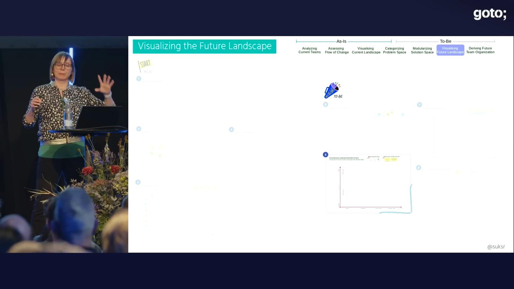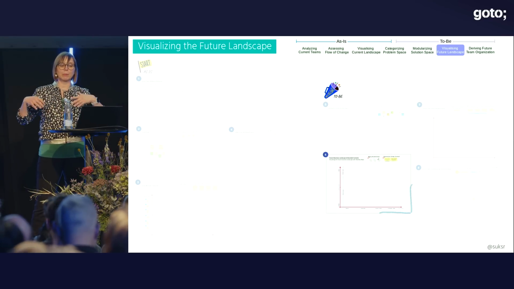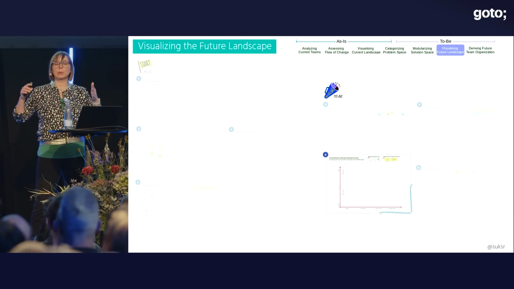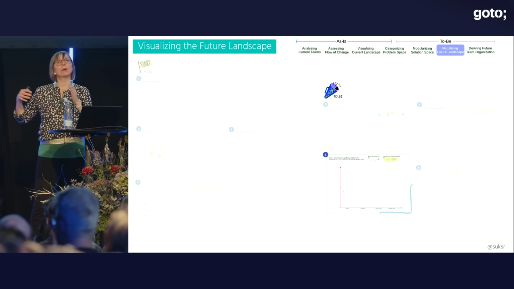So after we have categorized our problem space into subdomain types, and we have modularized our solution space into bounded contexts, next we are bringing that back to our Wardley map that then visualizes our future landscape.